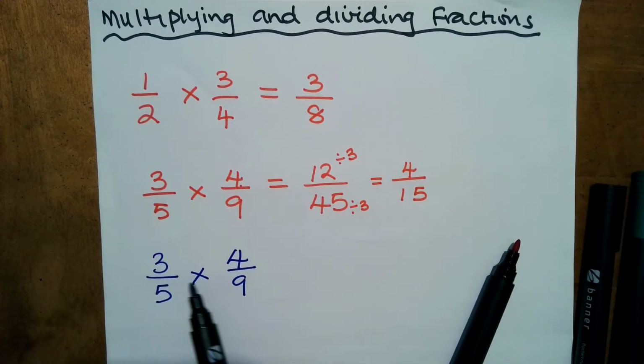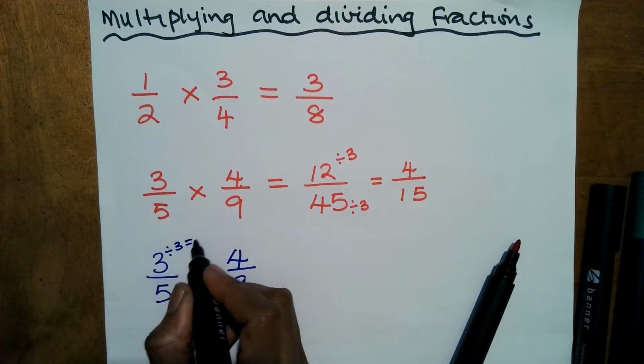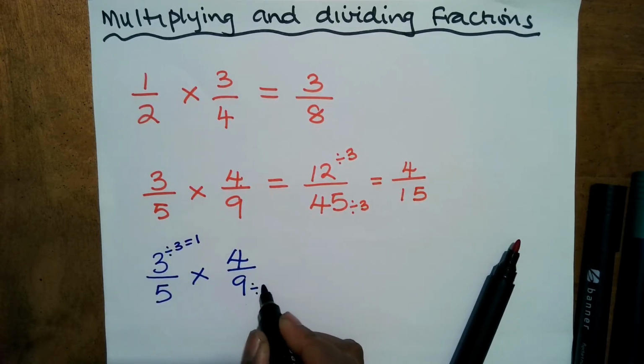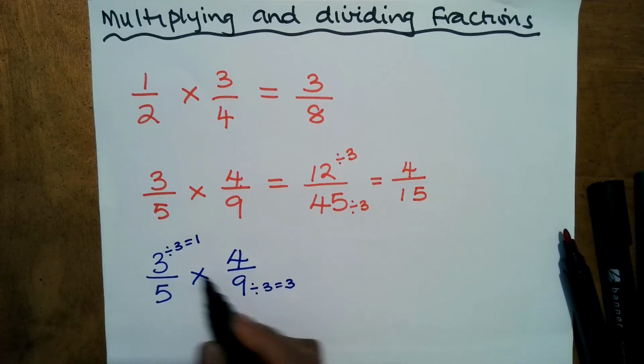So I'm going to look at these two fractions again and then look at the top number 3 and I look at this 9. So I can do crisscross for this particular fraction. So 3 can go into itself to give me 1. 9 can divide 3 to give me 3.